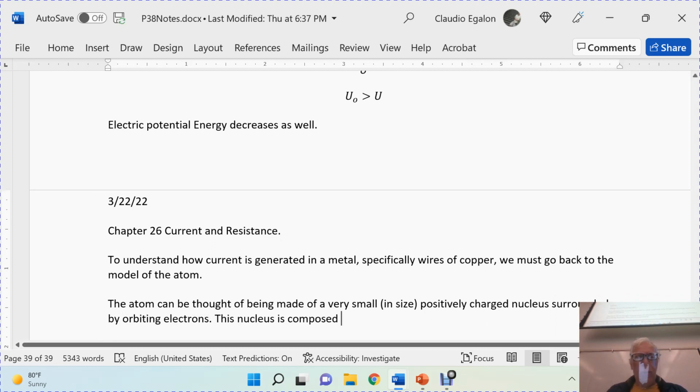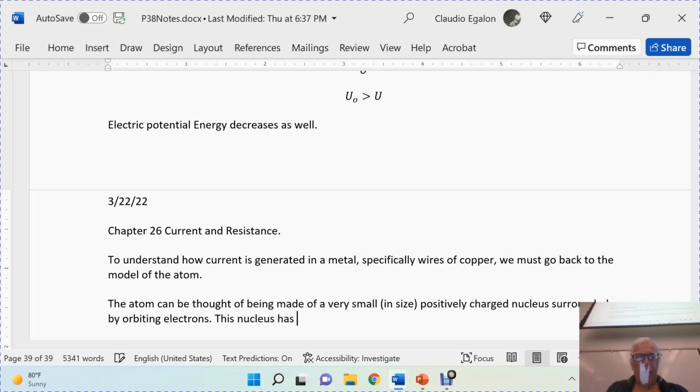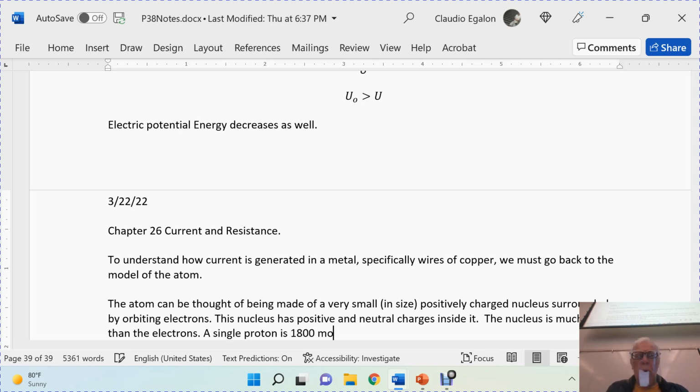This nucleus has positive and neutral charges inside it. The nucleus is much heavier than the electrons. A single proton is 1800 times more massive than a single electron.